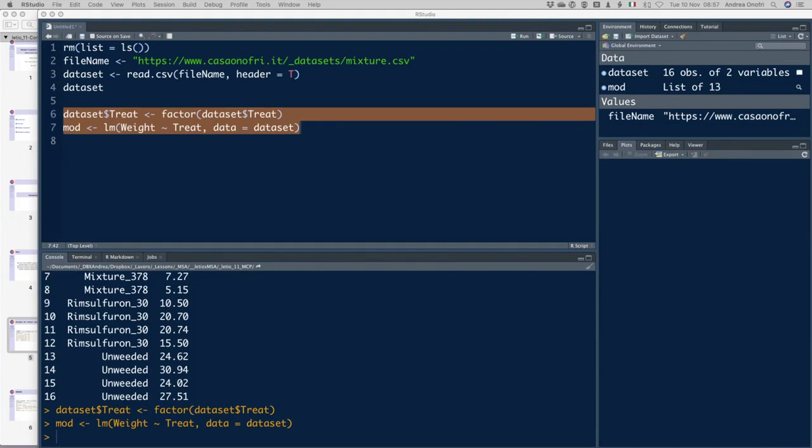So, giving you the code, you see two lines. First one, we transform the treatment into a factor because that's originally a character vector. And then we fit the model.